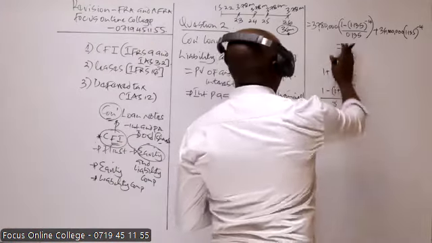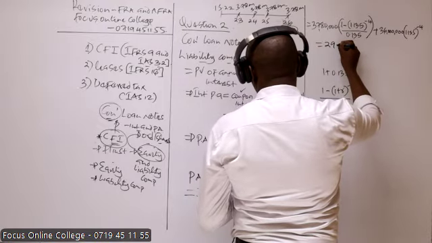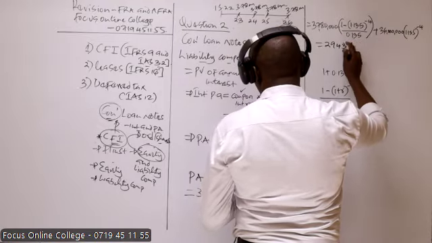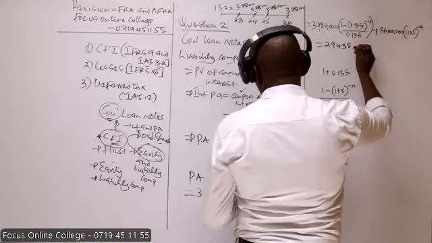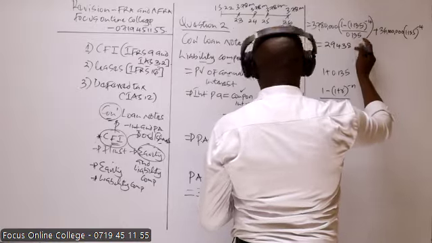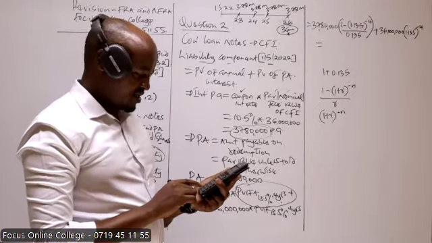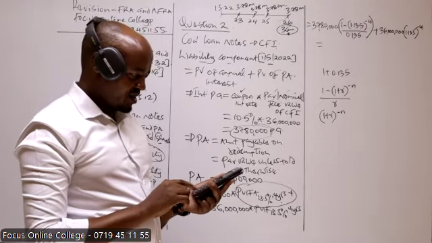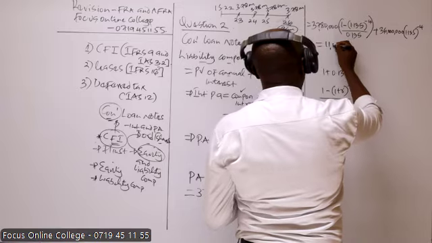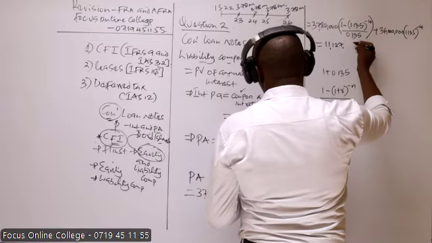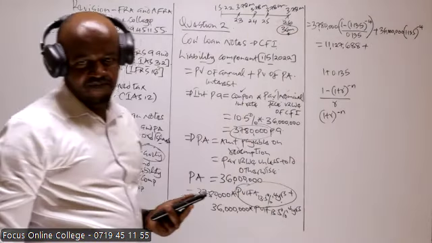In this case I'm getting 2,994,038, which I think is the present value interest factor of annuity. I need to multiply that with 3,780,000, and this will give us 11,127,688 to the nearest whole number. I hope that is what you're getting.